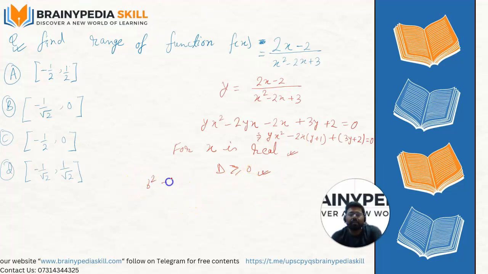Now what is the value of the discriminant? b square minus 4ac greater than or equal to 0, for a quadratic function. So b square is minus 2 times y plus 1 whole square, minus 4 times a, that is y, and c, that is 3y plus 2, and that must be greater than or equal to 0.